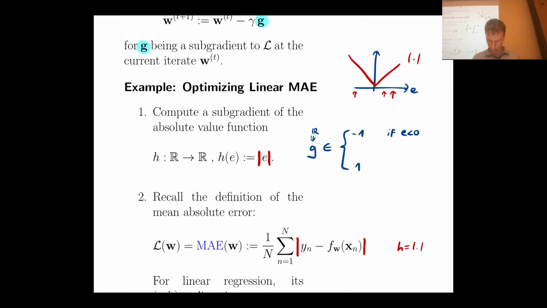Same thing right of 0. Then the slope is +1, before it was -1. Now, what's the special case in the middle? Which numbers are allowed to be subgradients? Or can you give me one number which is a subgradient at 0? So if E is 0, what do you think?